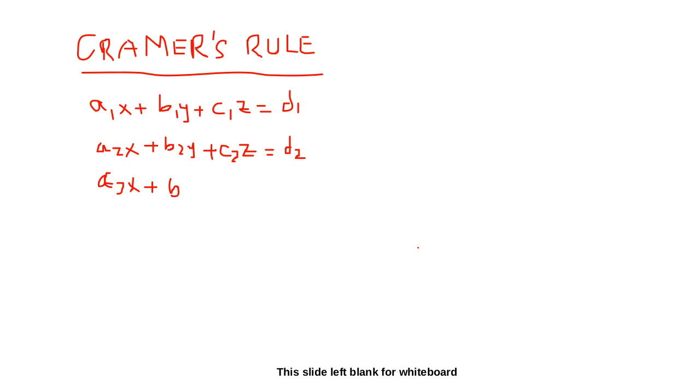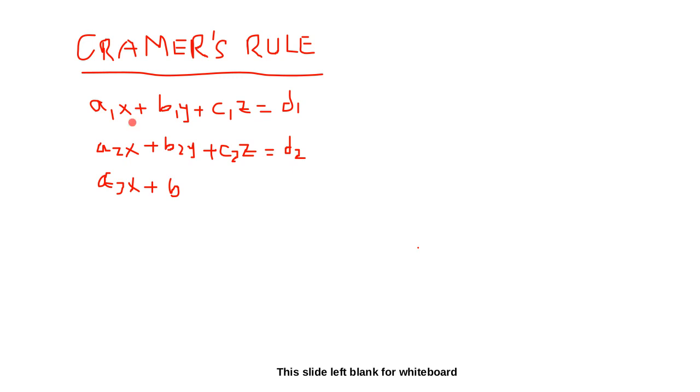So in a matrix form, this will be A1, B1, and then C1. Then A2, B2, C2, we'll have A3, B3, C3.